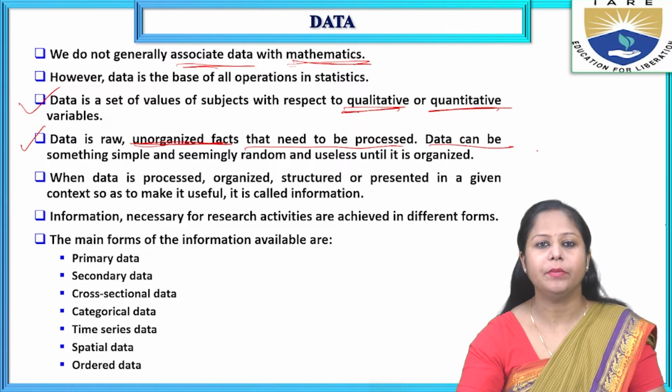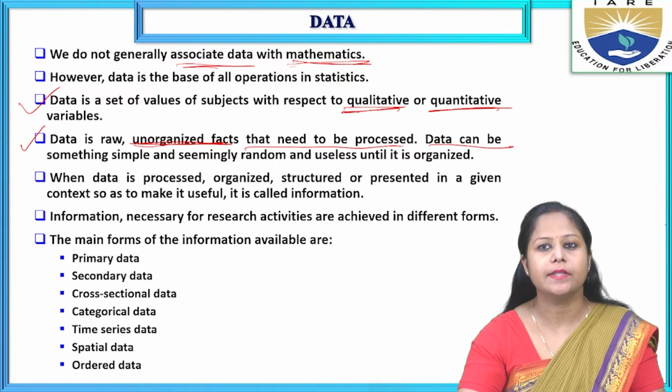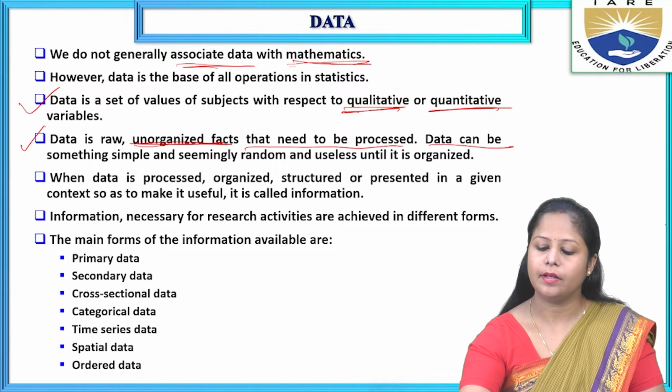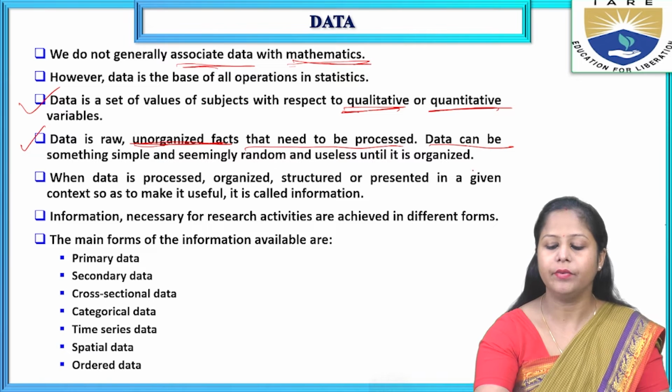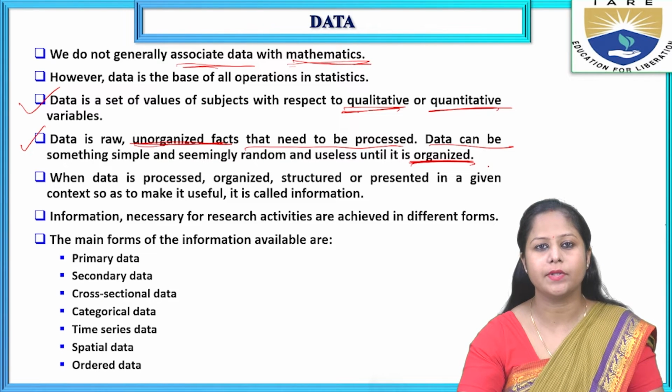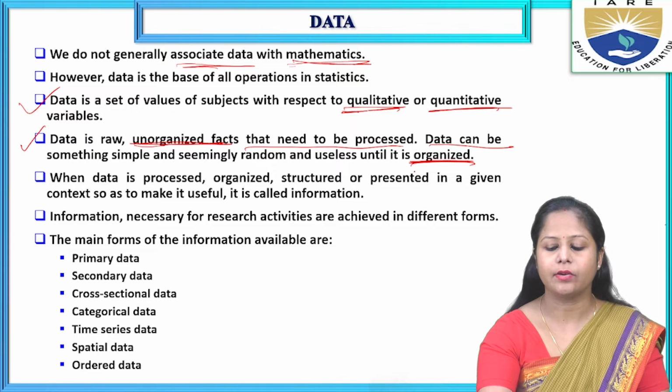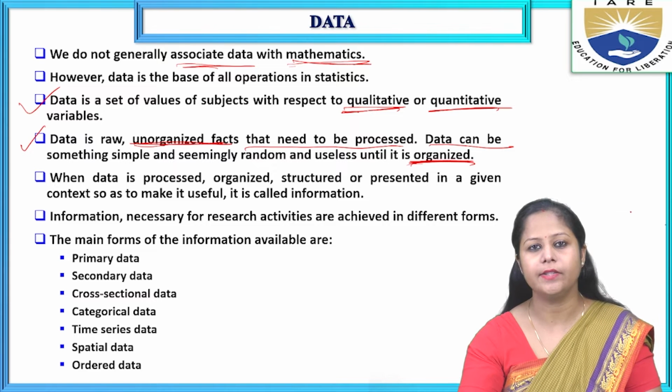Data can be something simple and seemingly random and useless until it is organized. So, before we use data mining, we need to organize that data. We need to do some processes to organize that raw data into organized and ordered data.